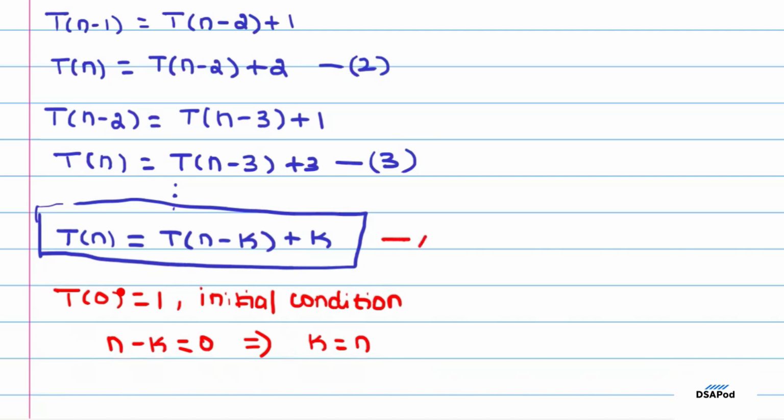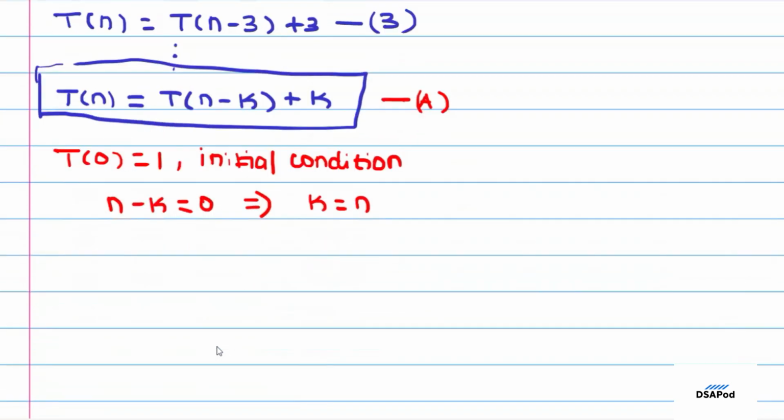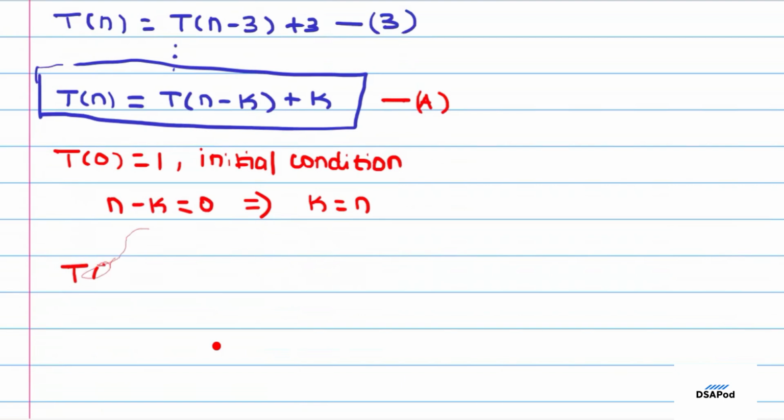Okay, now substitute this in equation number A. That is t of n is equal to t of n minus k, which is t of 0, plus k.